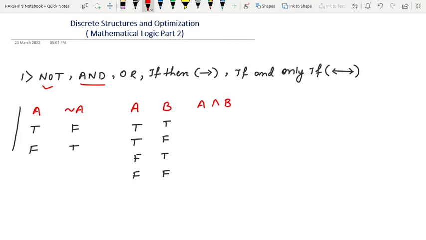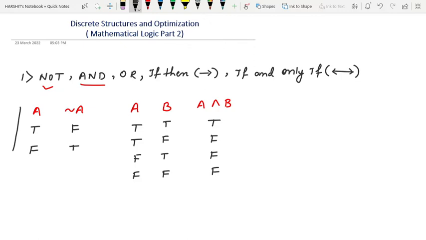If we AND the two inputs A and B, and the values are true in both the inputs, then the output will be true. So the output will be, for the first input true, true, it will become true, and the rest will be false, false, false.